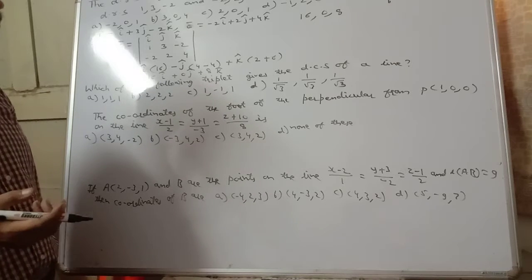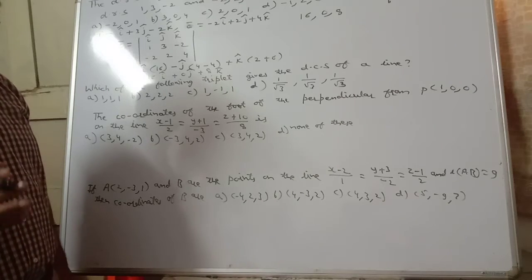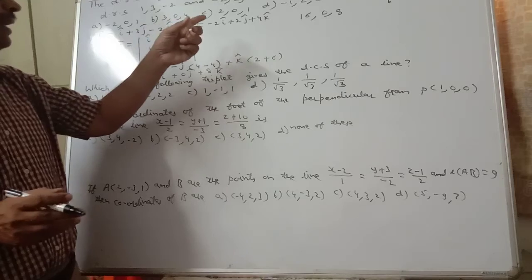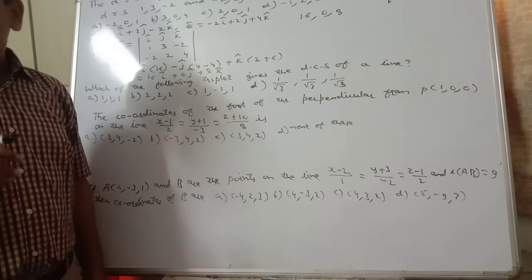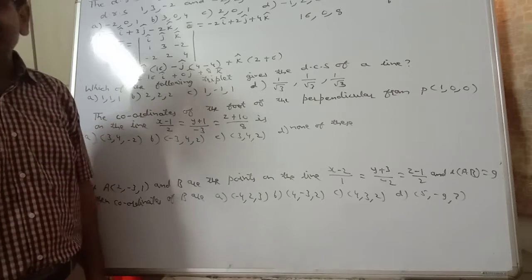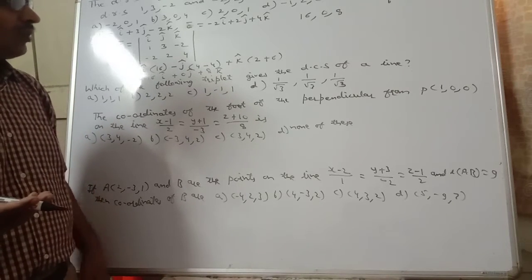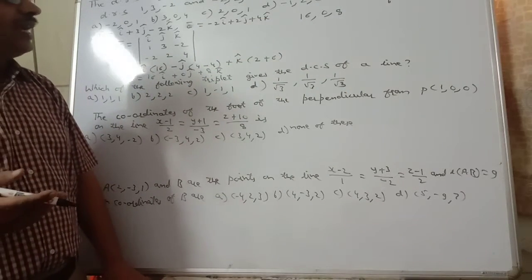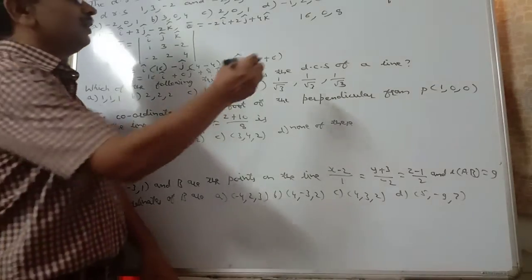Here we have to find direction ratios of required line. Now these numbers, they are not present in the options. For one line there are infinite direction ratios and they are proportional. So to get required direction ratios, we can multiply or divide by same non-zero number.